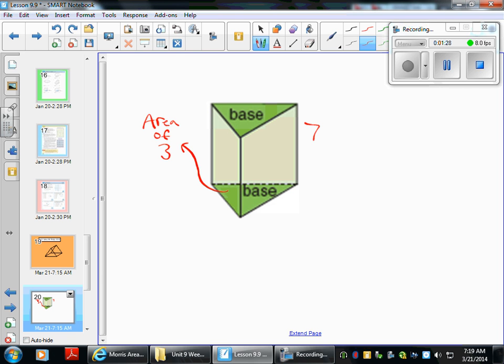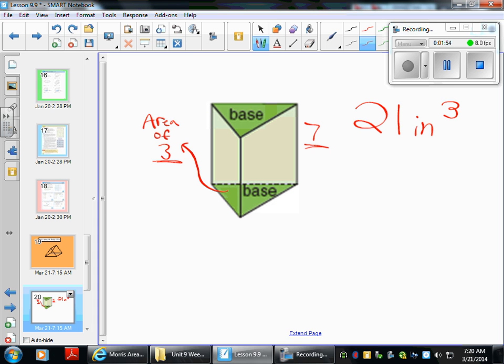If you have a problem like this where it tells you the base area is 3, all you have to do is multiply that number, 3, by 7 to get the volume. Base times height. So the base is 3, height is 7, you get an answer of 21 inches cubed. It gives you the area.